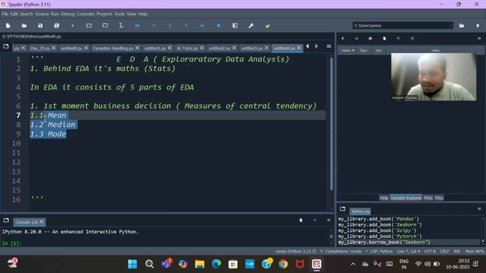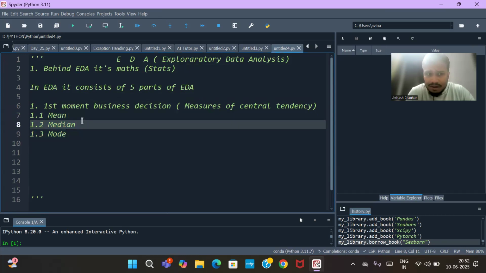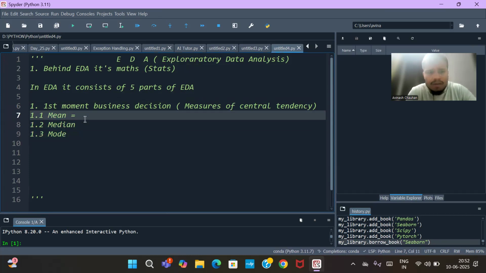As I have said, stats, maths. Again, what is the mean? Mean, you can say it's the average, which is also equal to the sum of all elements divided by the total number of elements.